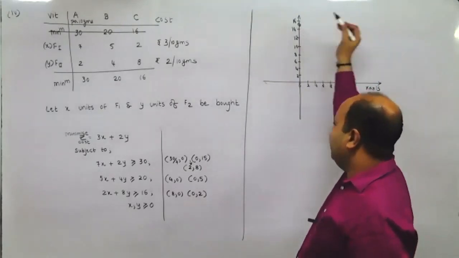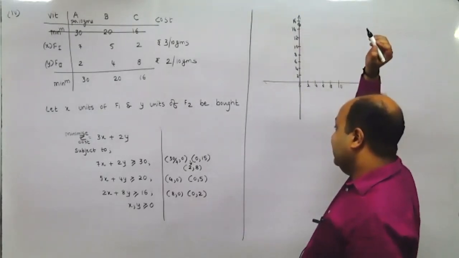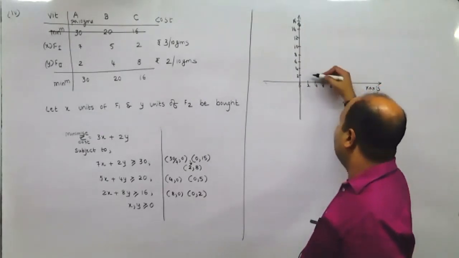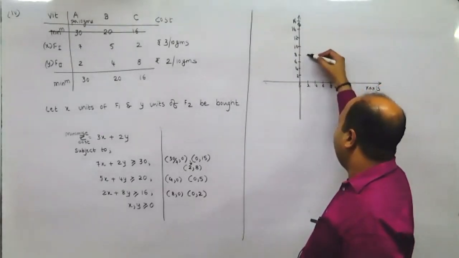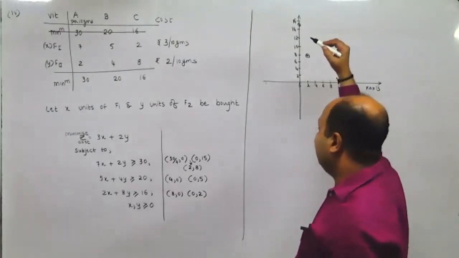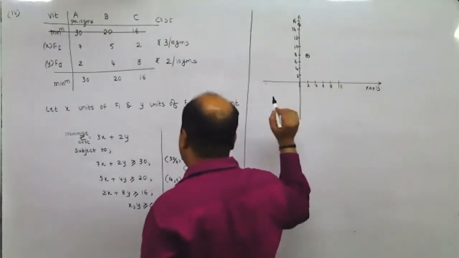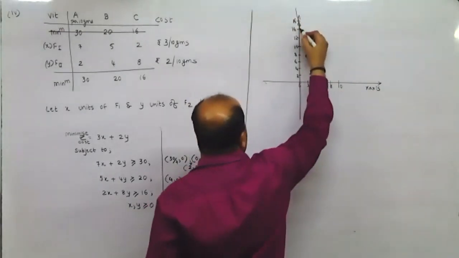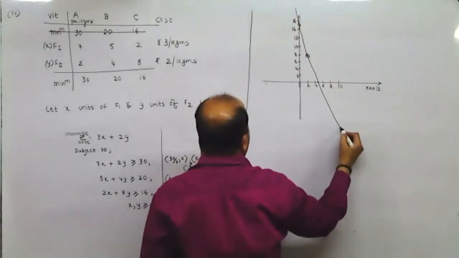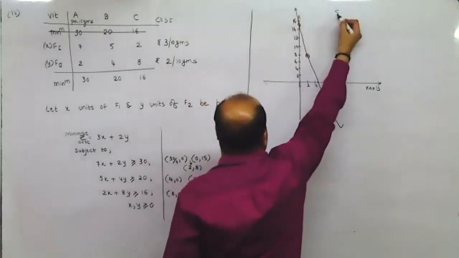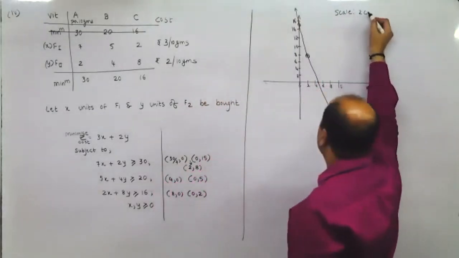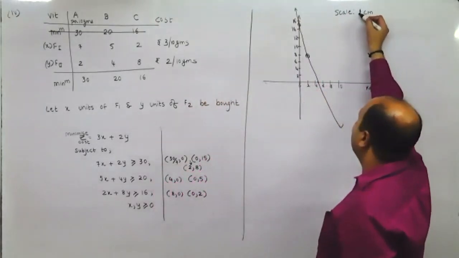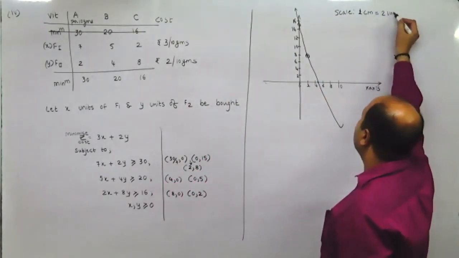So 0 comma 15, then 2 comma 8, then 1, and 30 by 7 would be 4 point something, so somewhere here. Do not forget to write the scale: 1 centimeter equal to 2 units on both axes.